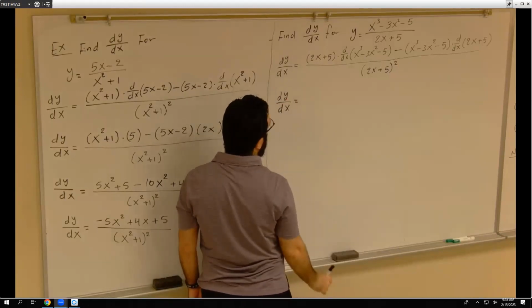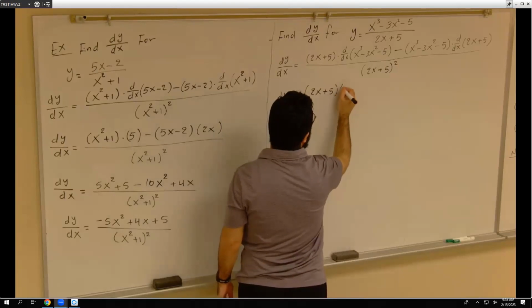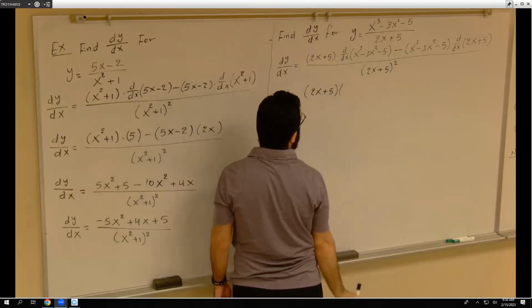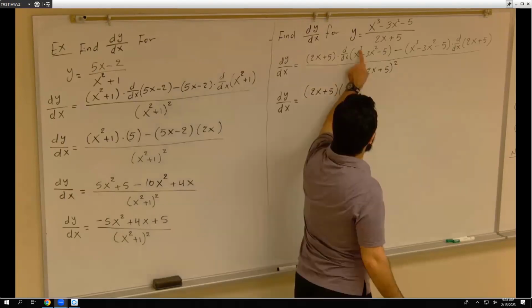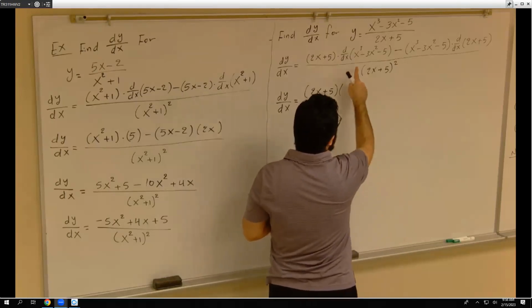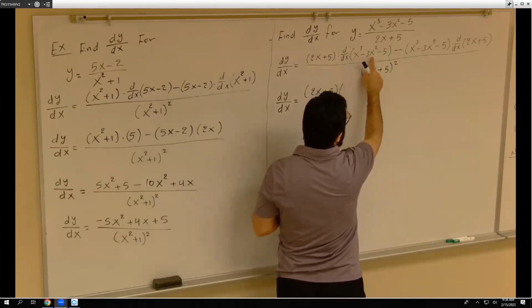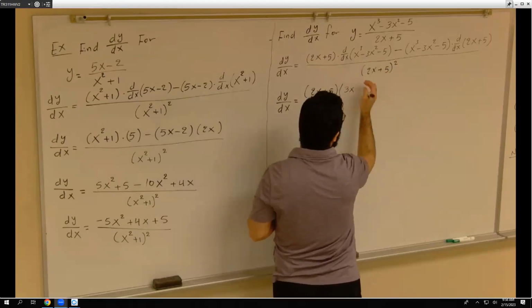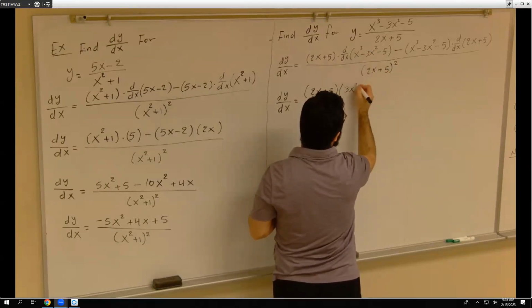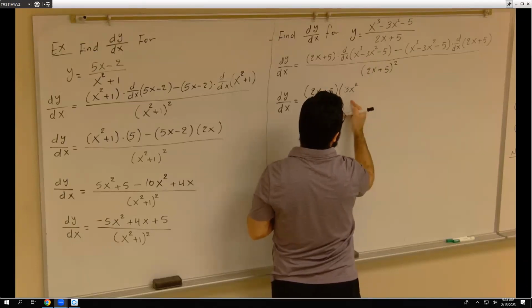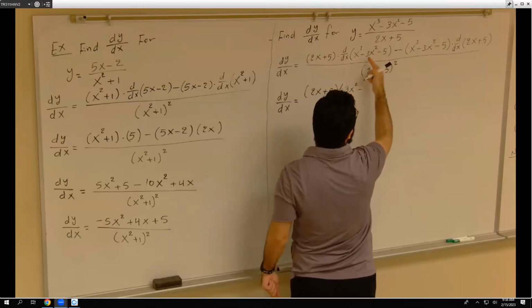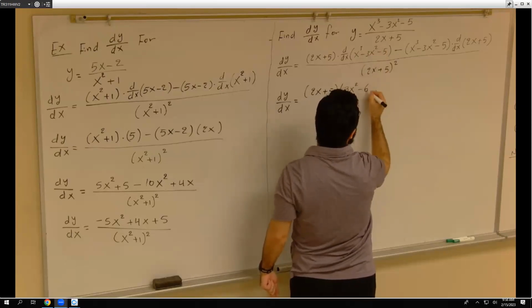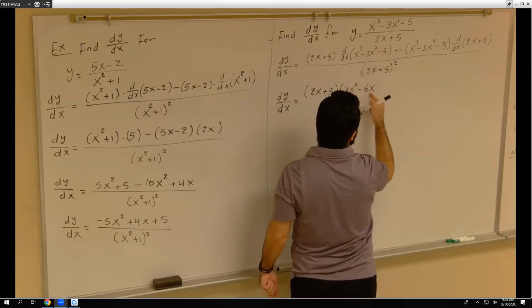Here is 2x plus 5 times the derivative of f of x. We're going to find the derivative for each term here. The derivative for x cubed is 3x, 3 minus 1 is going to be 2. Minus the derivative for 3x squared, 3 times 2 is going to be 6, here is the x, 2 minus 1 is going to be 1.